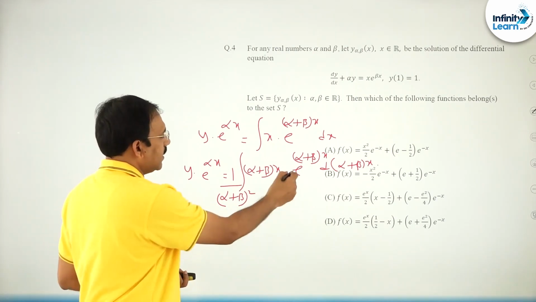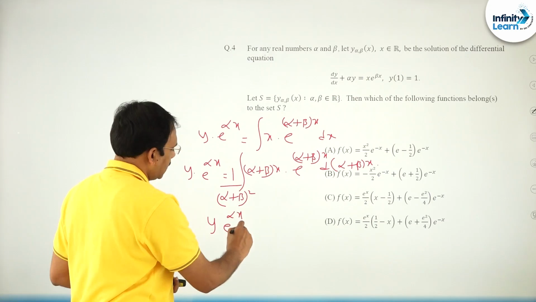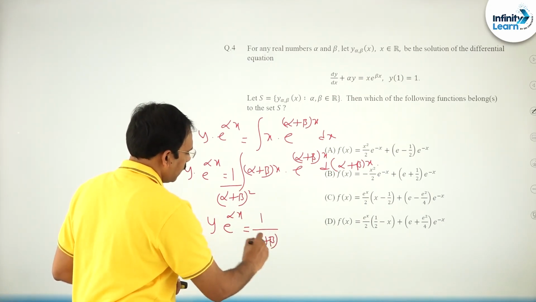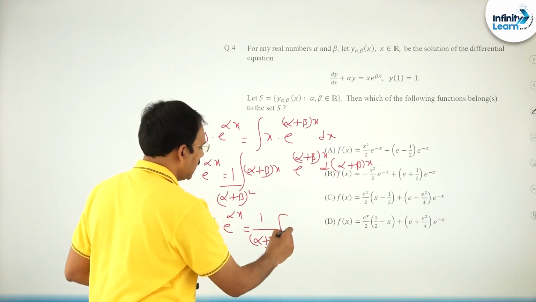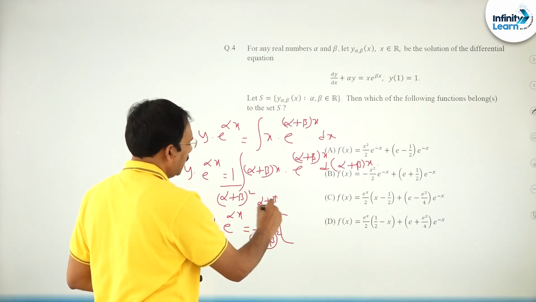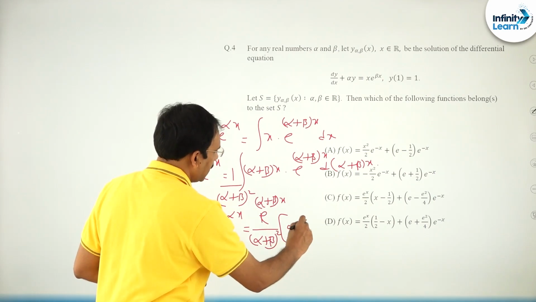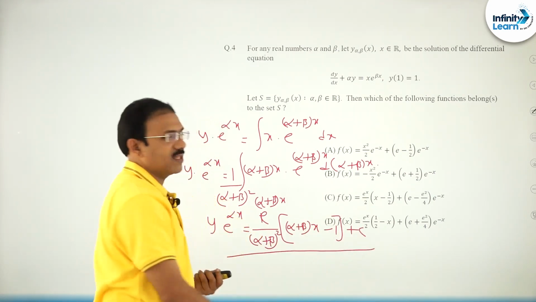Now it is like the integral of e power t into t dt. So y e power alpha x equals 1 by (alpha plus beta) whole square into the integral of e power t into t dt. That means you will get e power (alpha plus beta) x into ((alpha plus beta) x minus 1) plus c.